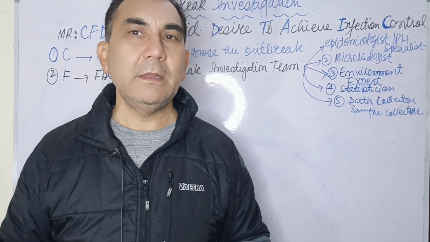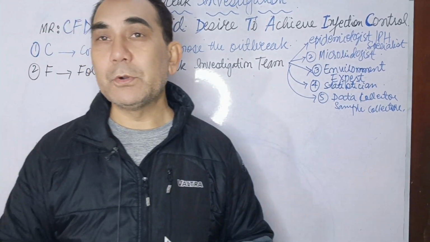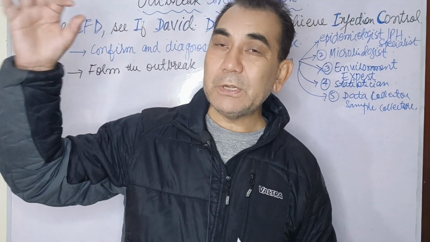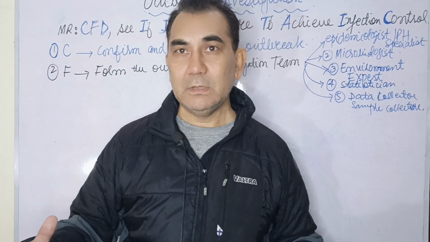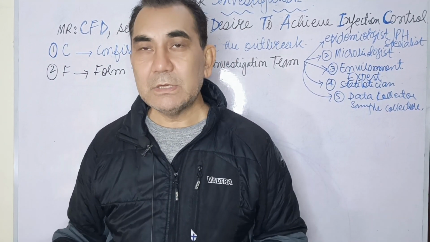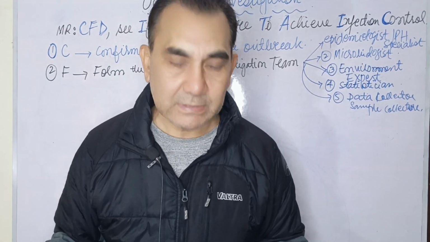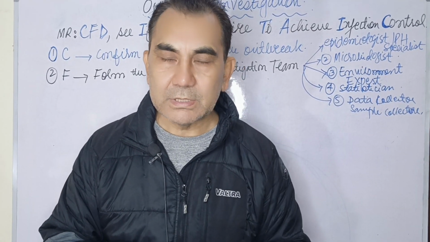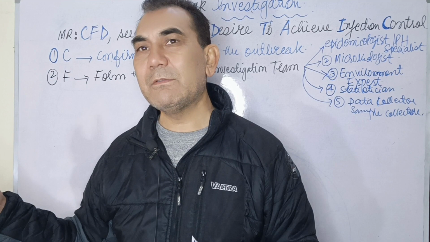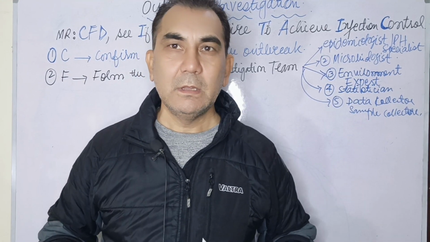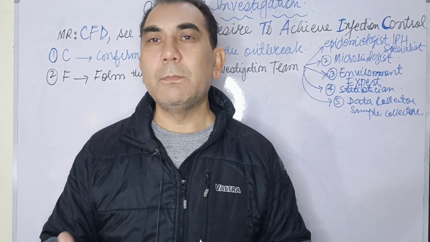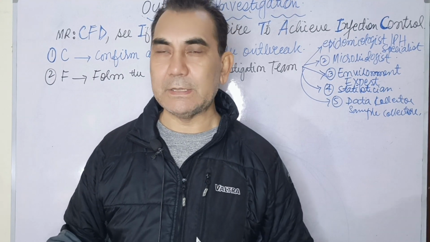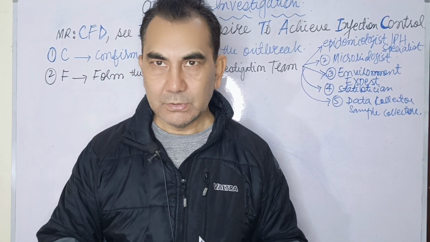Suppose it has been reported that from a particular restaurant, over the last week, 75% of the people who took dinner or lunch from that restaurant came with complaints of gastroenteritis, diarrhea, or sore throat.